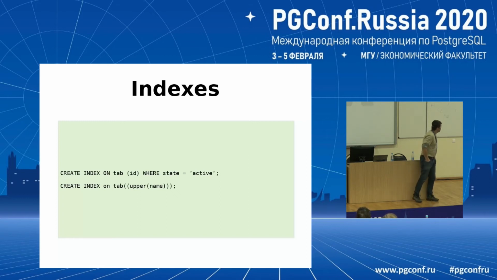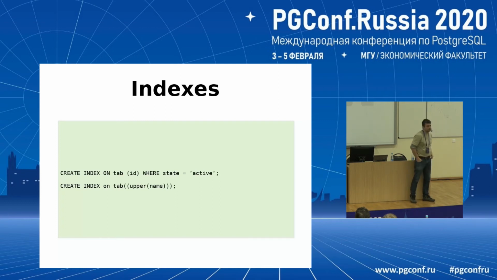What people don't know too much is partial indexes. When you have some asymmetry in your tables, you can use this information, and you can index just a smaller part of a table. You can use conditional index or partial index.